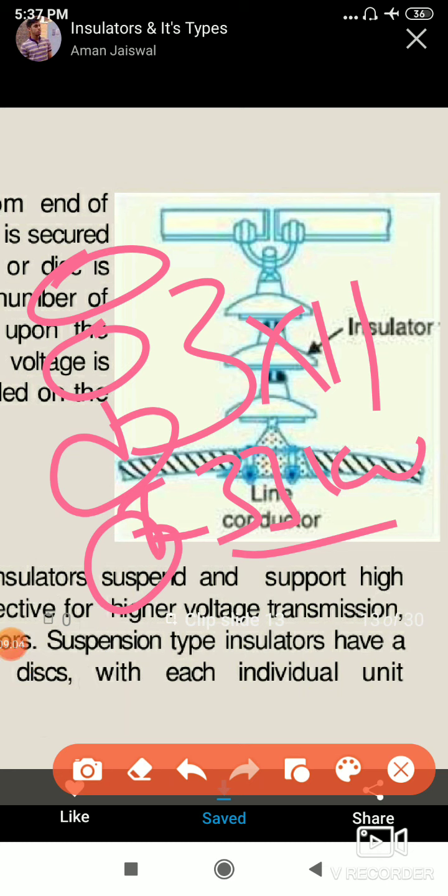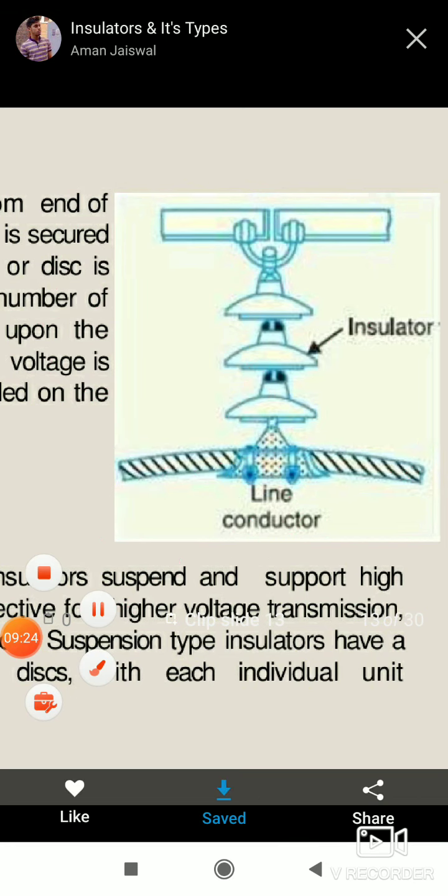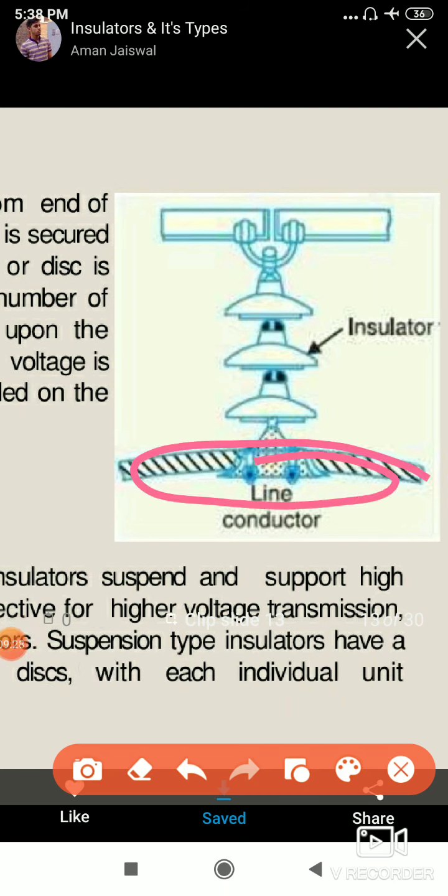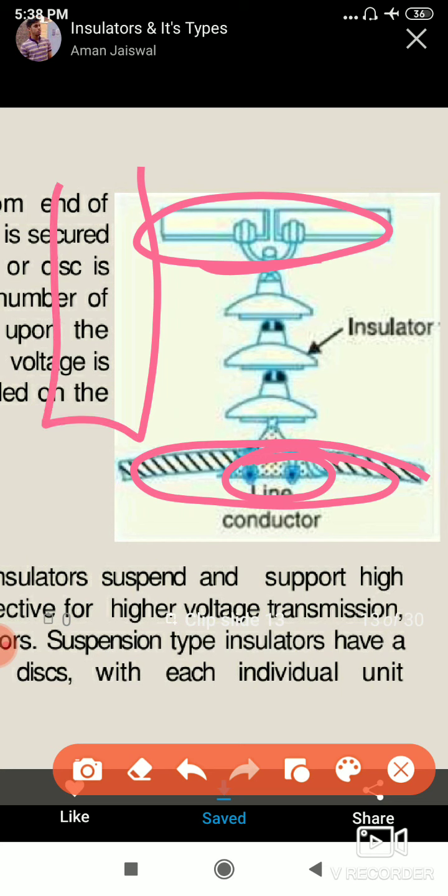I'll discuss it one more time. The suspension type insulator: the name itself indicates suspension means swinging, hanging, వేలాడతీయడం అనమాట, which has a large number of discs connected in series and placed horizontally. At the bottom of the suspension type insulator we connect the conductor, and the top is connected to the cross arm, and the cross arm is connected to the pole.